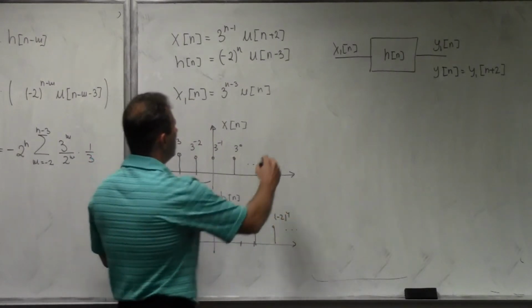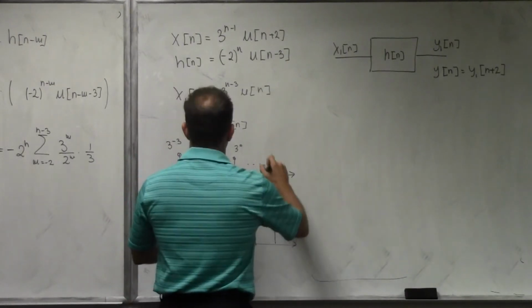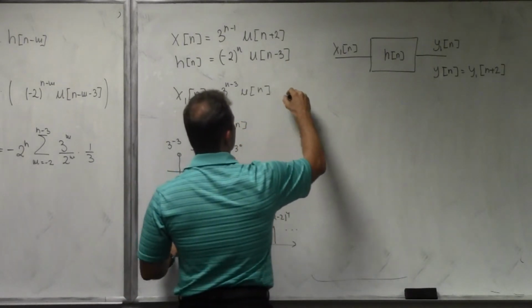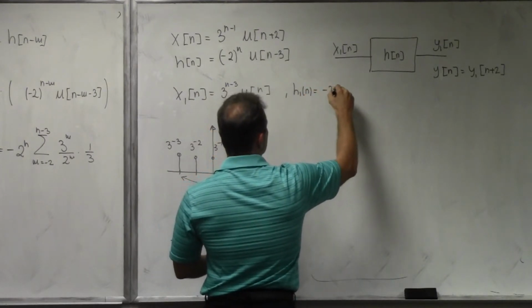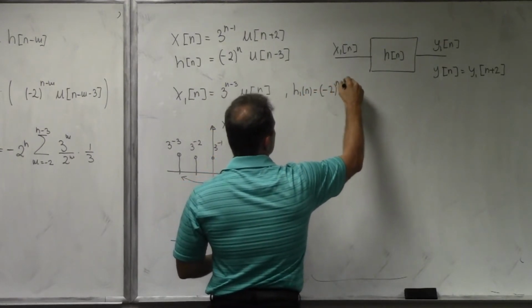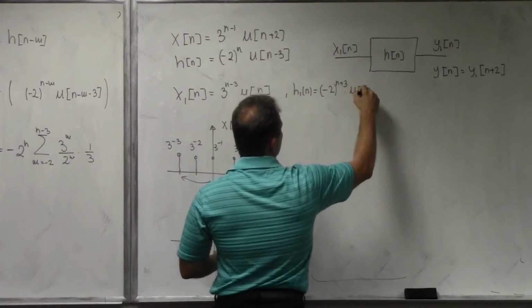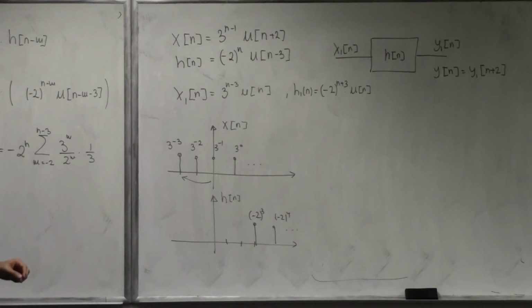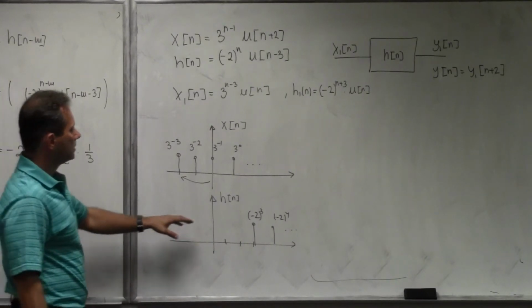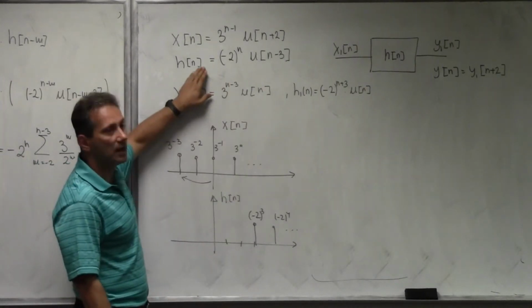So I can define h1 of n, let me put it here, h1 of n to be minus 2 to the n plus 3 times u of n. Okay? That's an impulse response of the system that is the same as h of n.